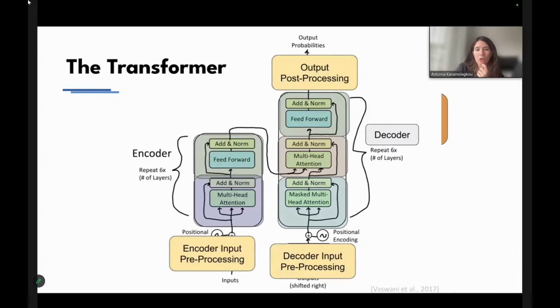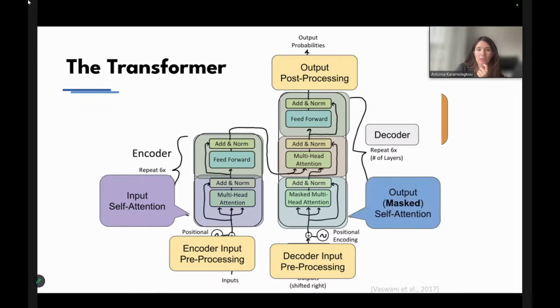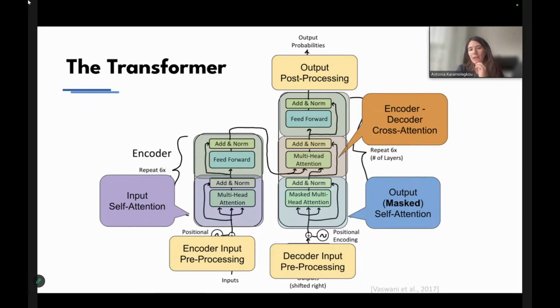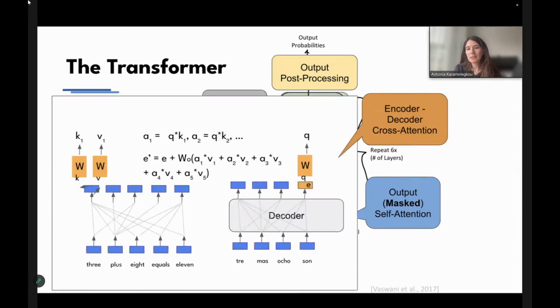And now we saw that self-attention is when keys, queries, and values come from the same source. But in the decoder, we also have the type of attention that looks more like what we saw at the start of this talk, where the keys and values are drawn from the encoder and the queries are drawn from the decoder. And this is what we saw before.